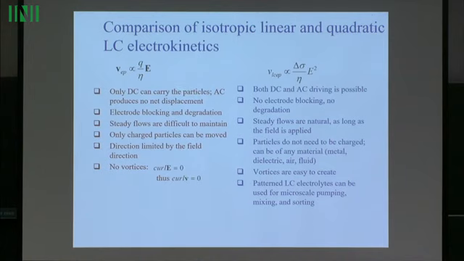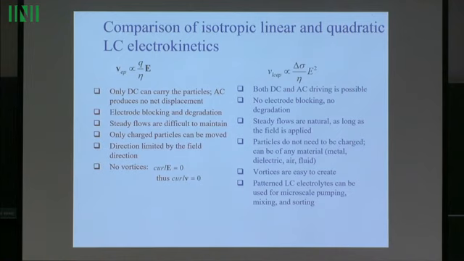There are some other things. By patterning the director, you create vortices easily. And vortices come naturally in the liquid crystal case because V is proportional to E squared. In the isotropic electrolyte, V is parallel to E, and as we know from Maxwell equations, curl of E must be 0, which means that curl of V must be 0.